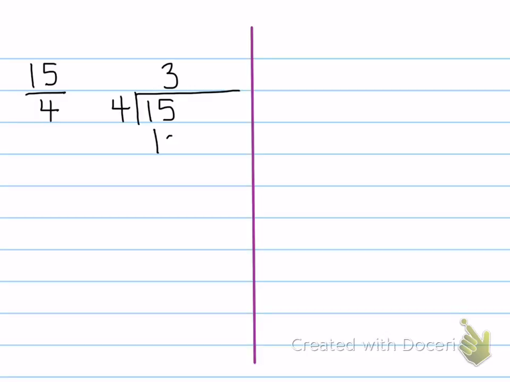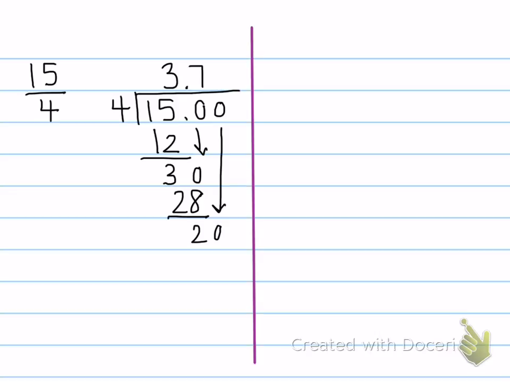3 times 4 is 12. Subtract, you get 3. We have a remainder, and there's no numbers left, so at this point you add your decimal and your 0. You bring that down. 4 goes into 30 7 times. 7 times 4 is 28. Subtract, I get 2. I got to add another 0. Bring that down.